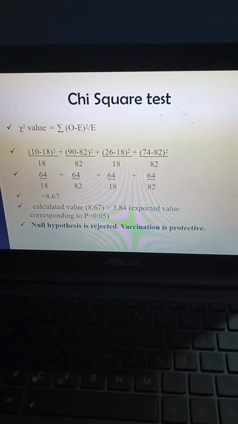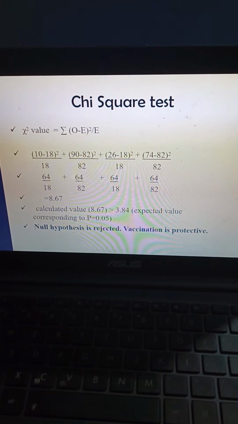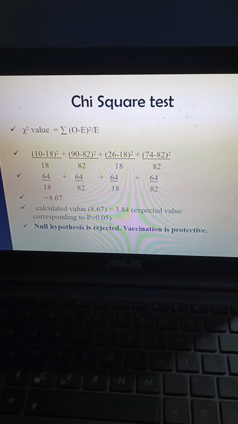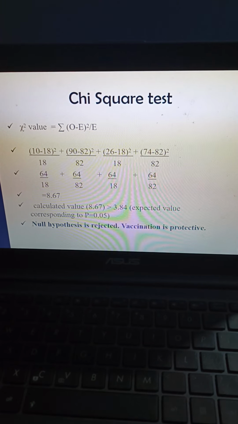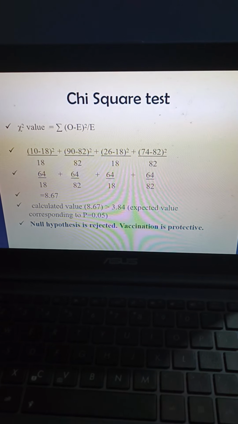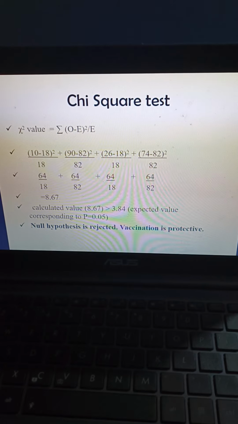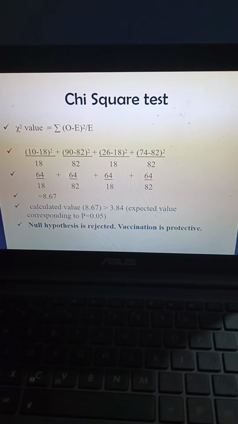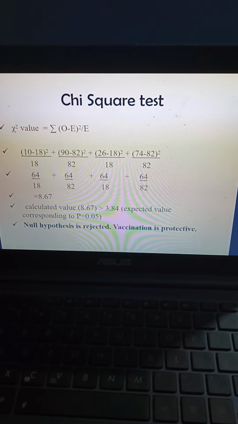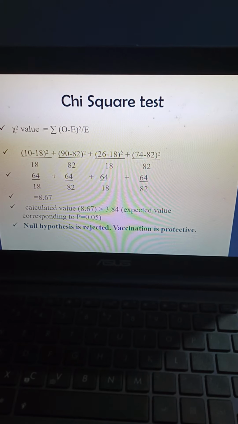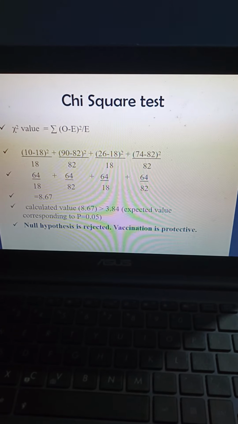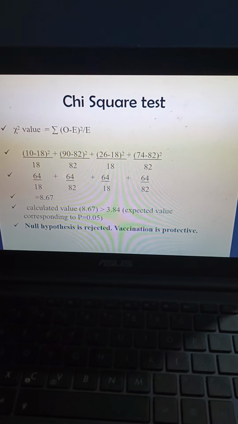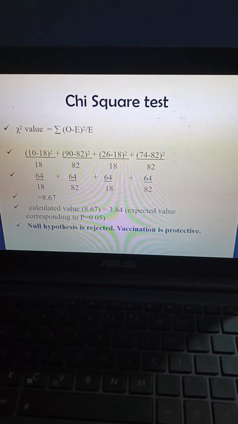Then the chi-square value is calculated as summation of (O minus E) squared by E, and after putting in all these values it is found to be 8.67. The calculated value 8.67 is more than 3.84, the expected value corresponding to a p value of 0.05. So the null hypothesis is rejected and vaccination is protective.